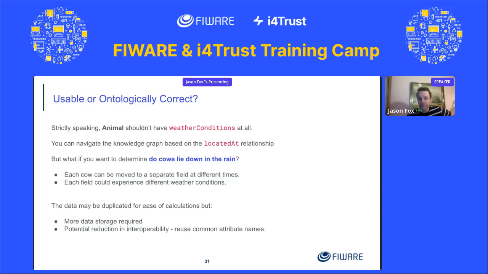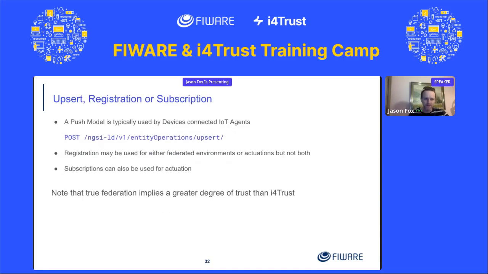However, you can reuse common names to make sure that it's clear. Always imagine that someone else is wanting to use your data. So if you've got a value like weather conditions, it should be one of the attributes which already exists in schema.org, one of the attributes already exists in the smart data models, because then it is much more likely that a third party who eventually gets hold of your data will be able to understand what's going on.